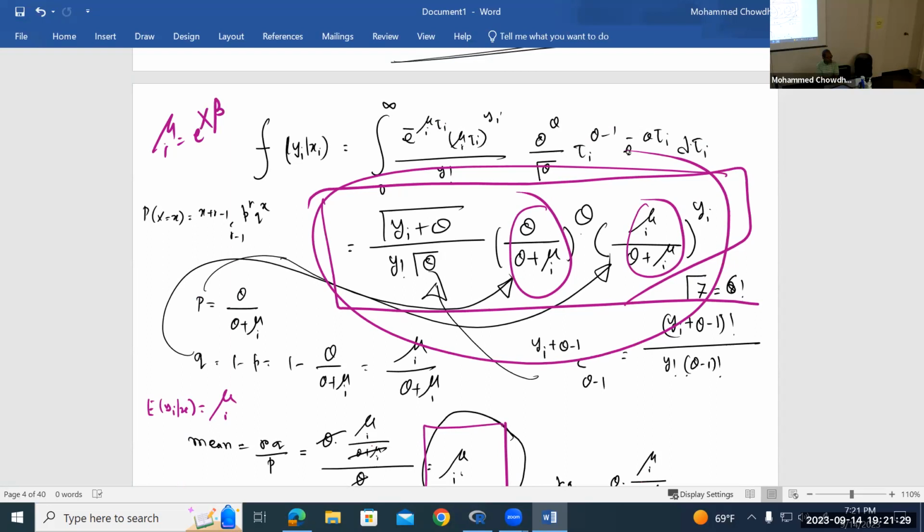Or you can do log of mu I equal to x beta, and then mu I equal to e to the power x beta. Did you get it? Because now this mu can consider a combination of covariates with the parameter. That is the mean of the distribution. Clear, right?